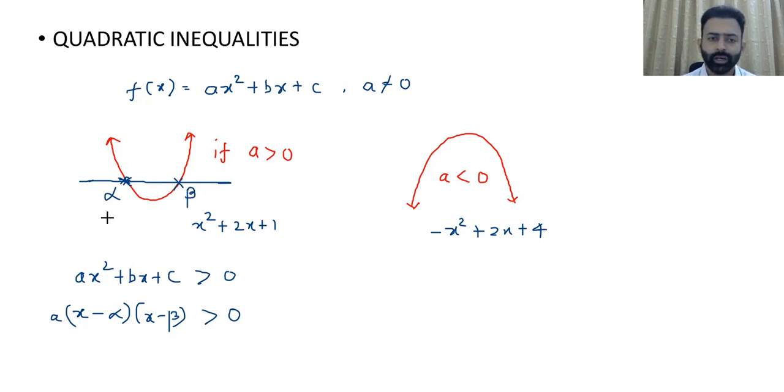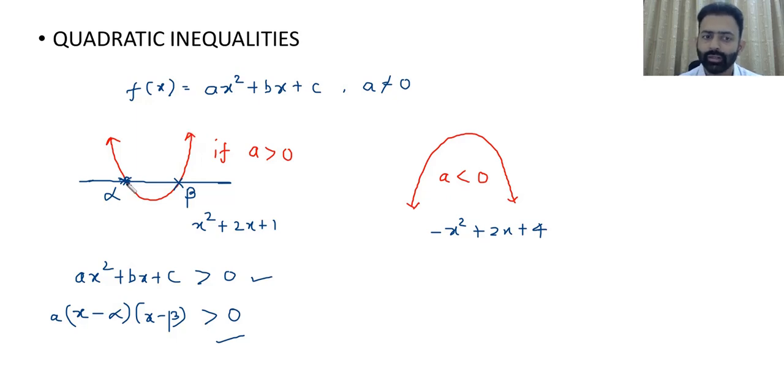Okay, now I am interested in finding out the range of values of x for which this expression is positive. Now seeing the graph here, all the values of x which are greater than beta, here you can see the curve is above the x-axis, meaning the function is positive for all the values of x which are greater than beta, right?